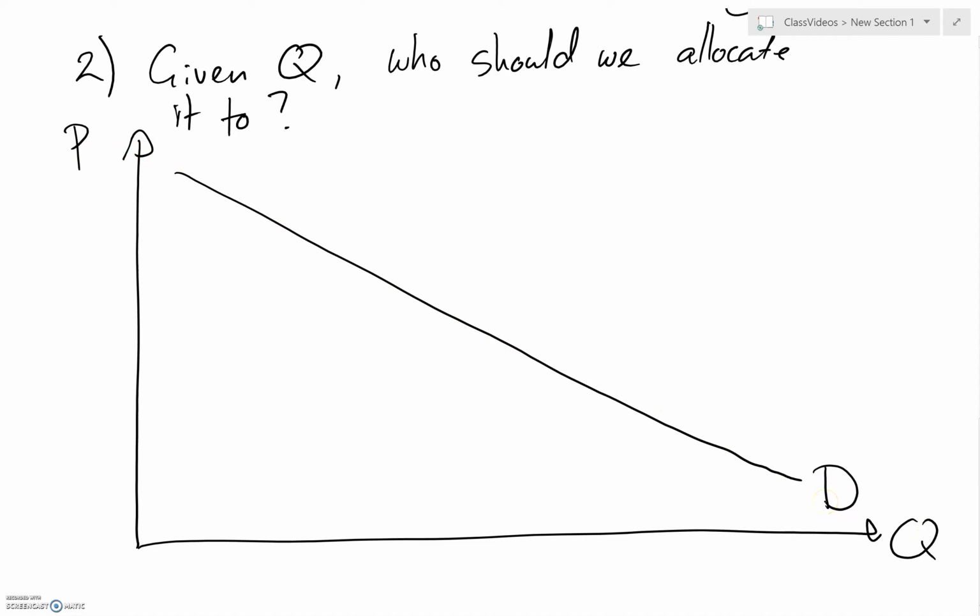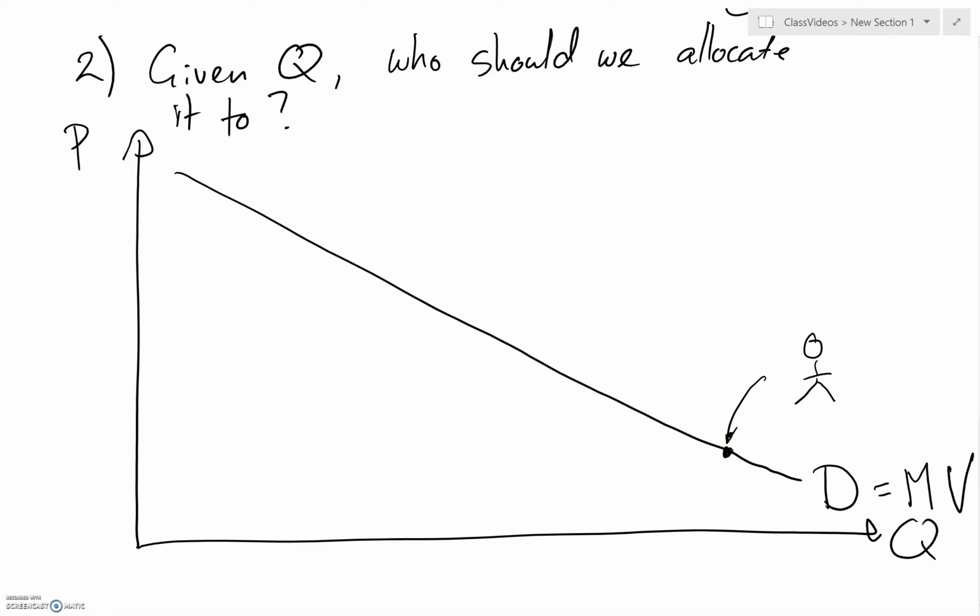Okay, now remember the relevant interpretation of the demand curve in this section is that the height of the demand curve is the marginal value to a particular consumer, right? So there's a consumer on this part of the demand curve that gets this marginal value if they buy the item.